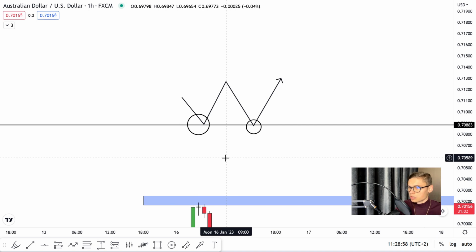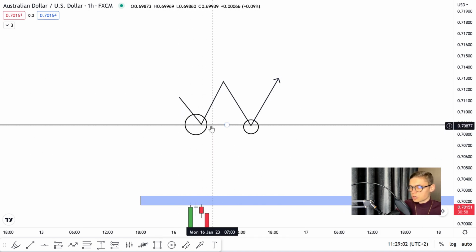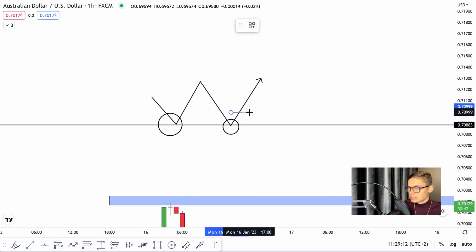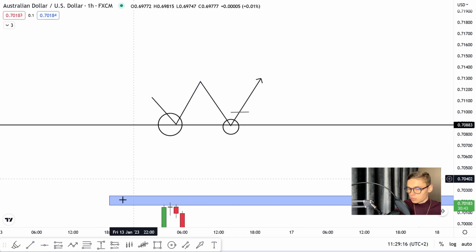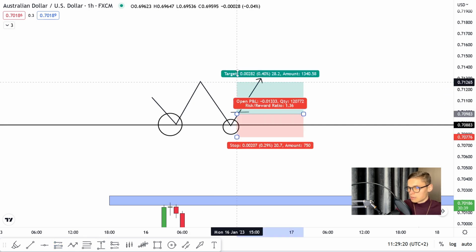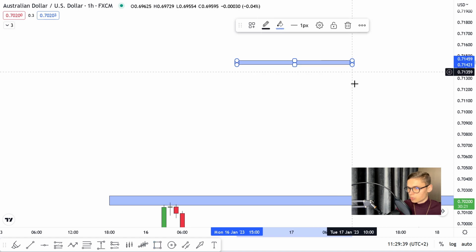Double bottom or double top patterns work because there is usually some sort of strong key market level that the price is being rejected from, and that usually gives us an indication that, for example, here after a double bottom we have a potential reversal coming and we should open a buy position. And a very similar situation if we have a double top pattern.